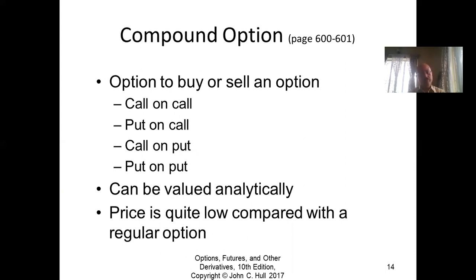But if your underlying asset is again a call option and you write another call option on that, it's the function of a function. So those are called compound options. Compound options are typically priced very low because their probability of exercise becomes lower, but they can be valued analytically just by a repeated argument of the same modeling strategy.